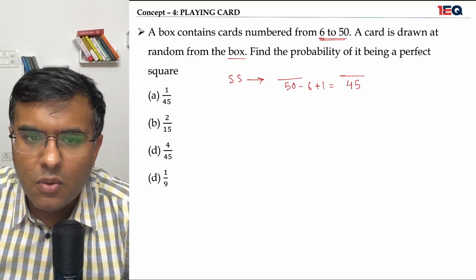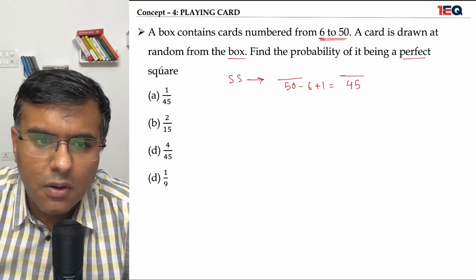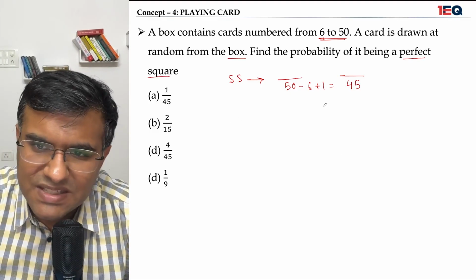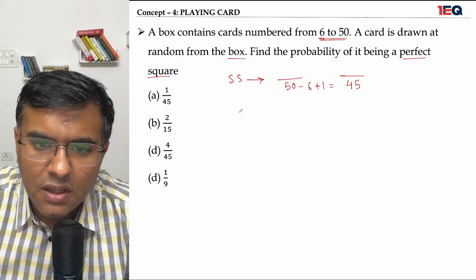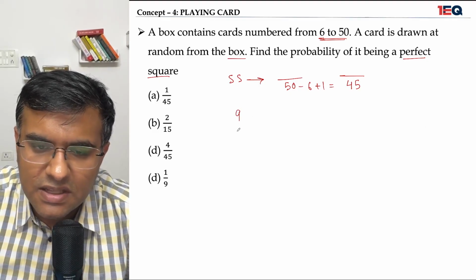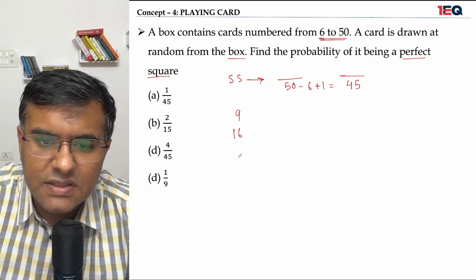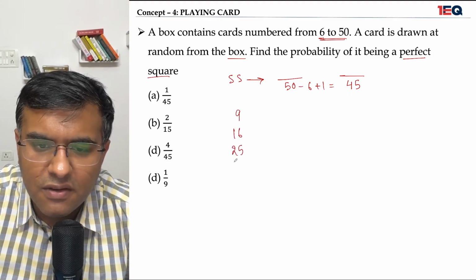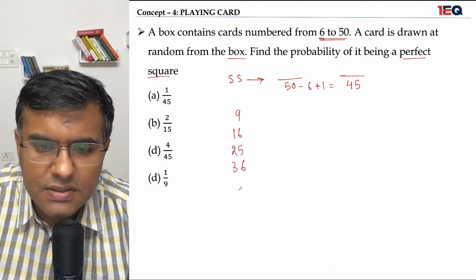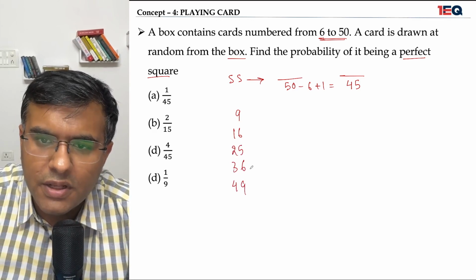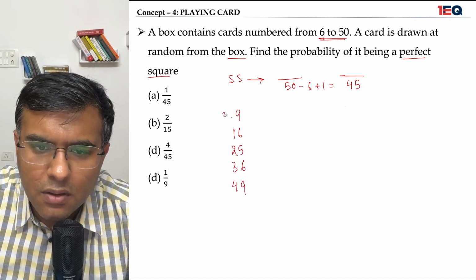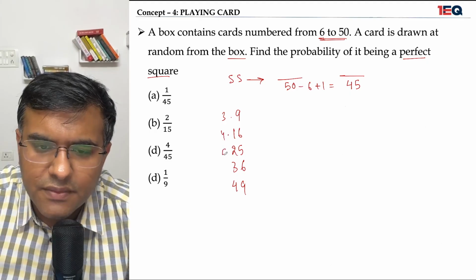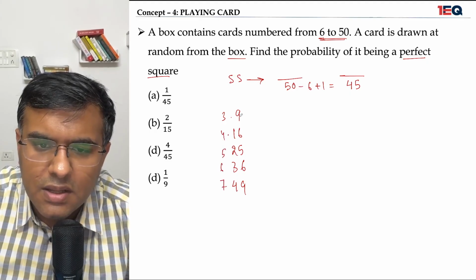We're talking about finding the probability of there being a perfect square. From 6 to 50, there are these many perfect squares: 9, 16, 25, 36, and 49. That is 3 square, 4 square, 5 square, 6 square, and 7 square.